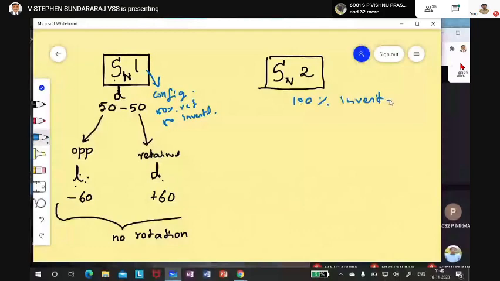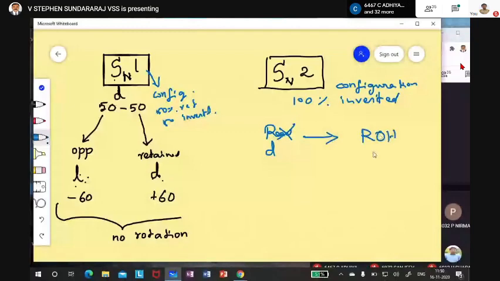In SN2, the configuration is inverted. If the starting reactant RX is D-rotating, then the ROH formed will be L-rotating. It is completely inverted, and their values will be different.